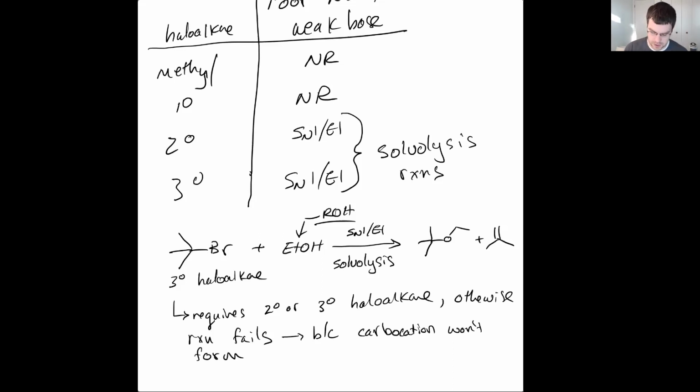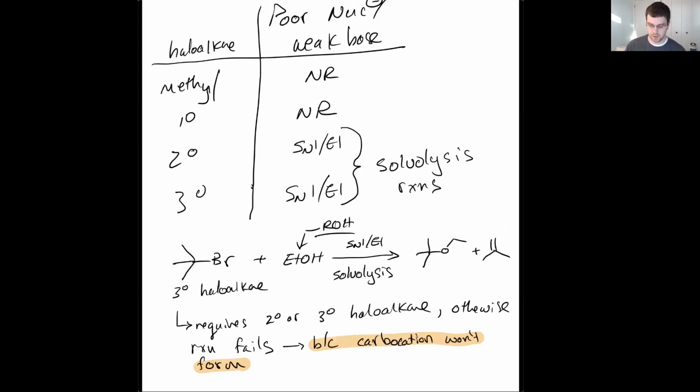Now we see that effect of the reaction failing because the carbocation won't form. If we look at the first two entries of the column, we see no reaction for methyl, no reaction for primary, and that's indicated with the letters NR.